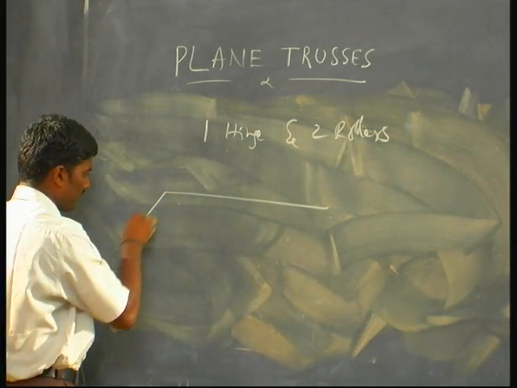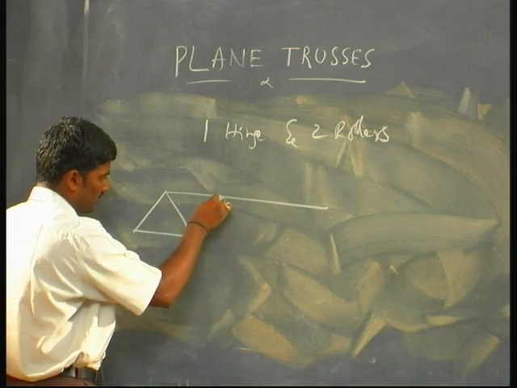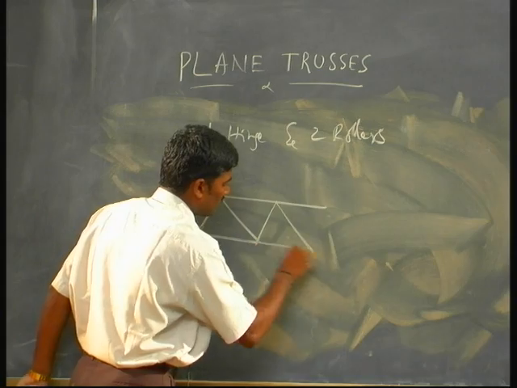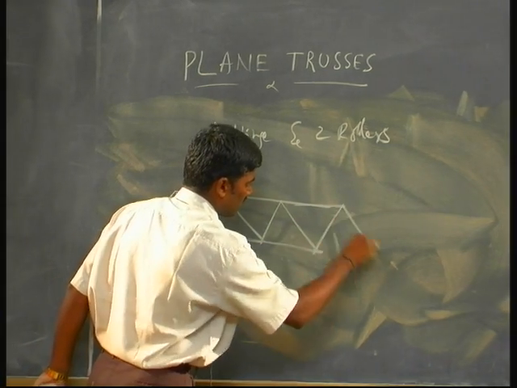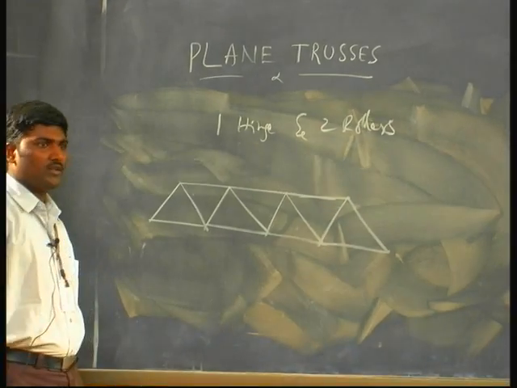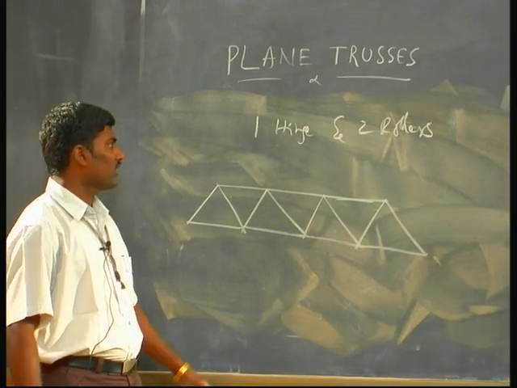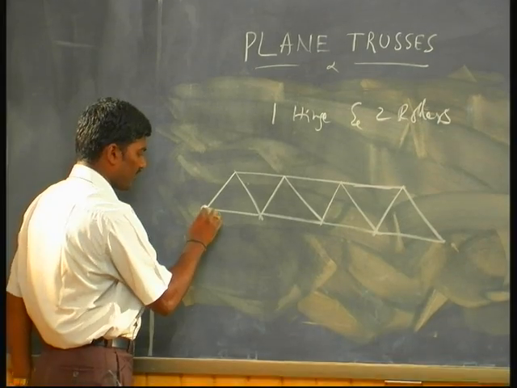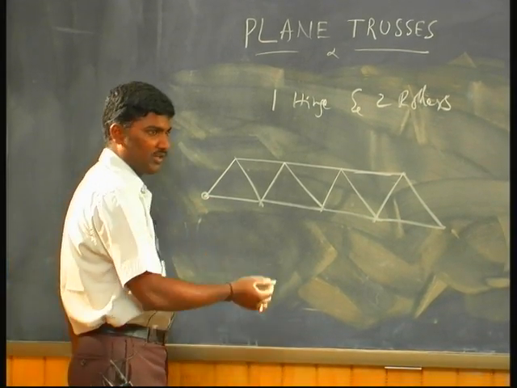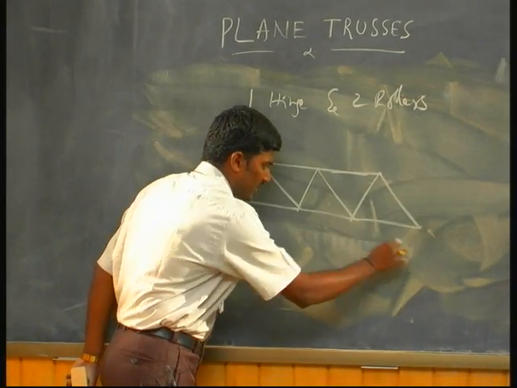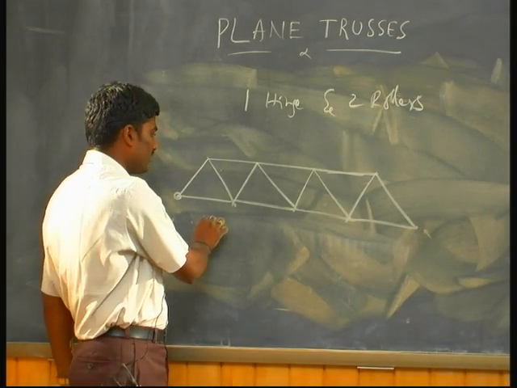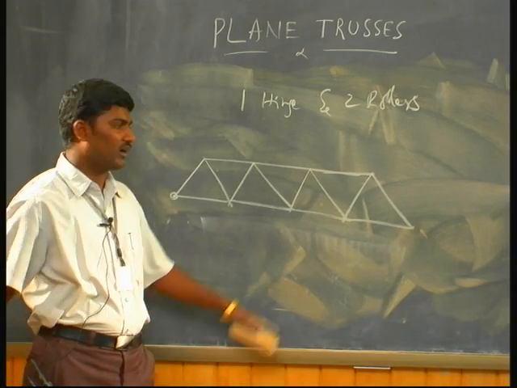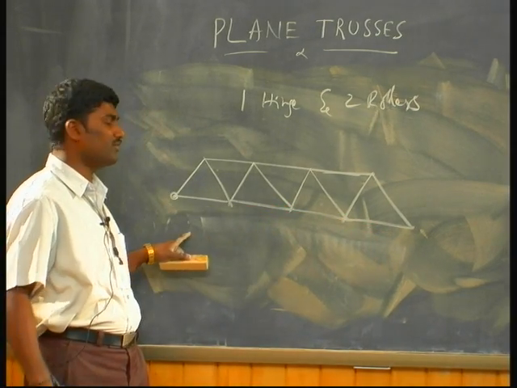Say this is a truss. Somebody asked me why can't you provide a hinge and two rollers? Where would you provide them? Because I want a column-free space. I don't want to have any support in between.